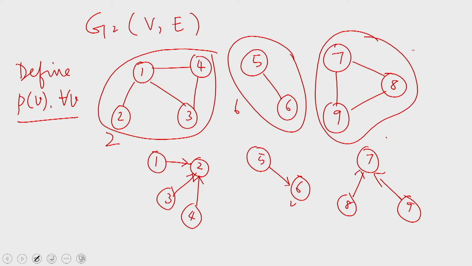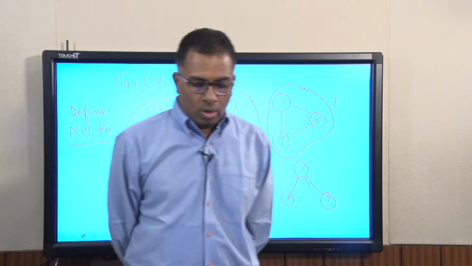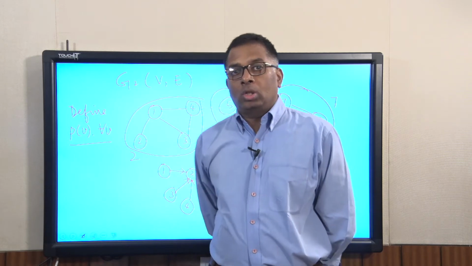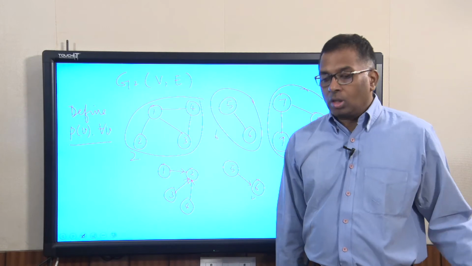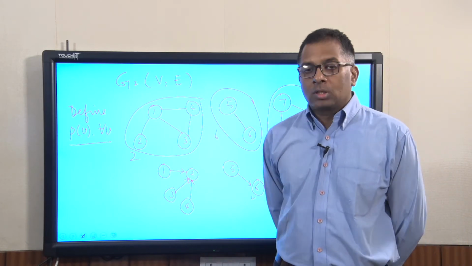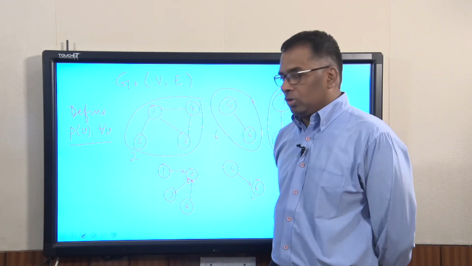And let us say the third component is chosen to be represented using the name of vertex 7. So, we are going to establish 3 components in the graph with names 2, 6 and 7 respectively. The other vertices in the component will end up pointing to the representative vertex. So, finding connected components in the graph is essentially defining parent pointers in this sense.